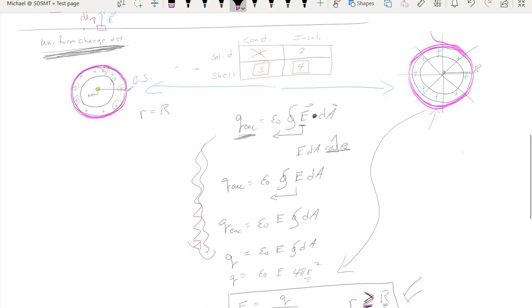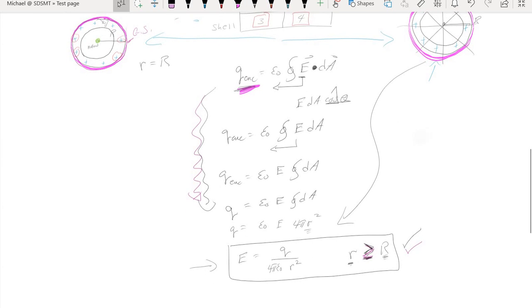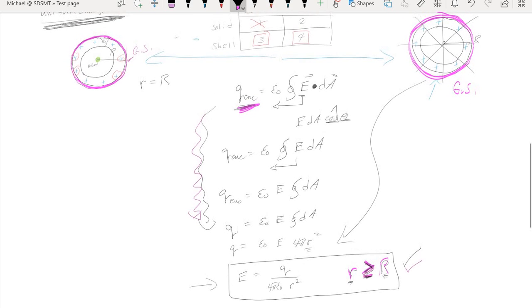But everything about Gauss's law says you've got the same charge enclosed by the same size of sphere for your Gaussian surface. You're once again going to get something that acts like a point charge.